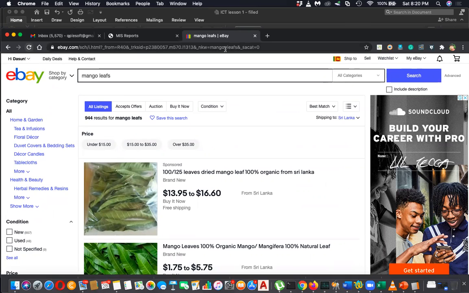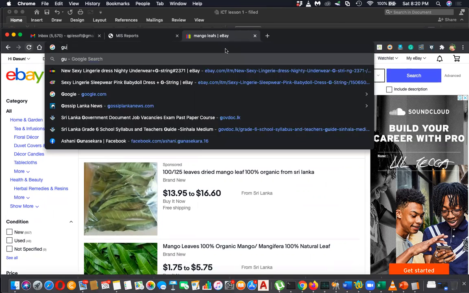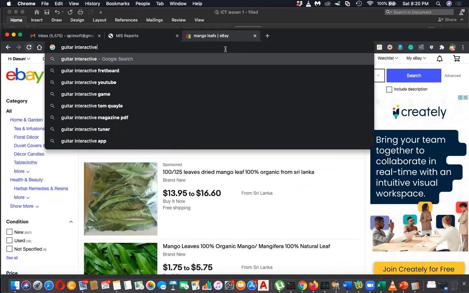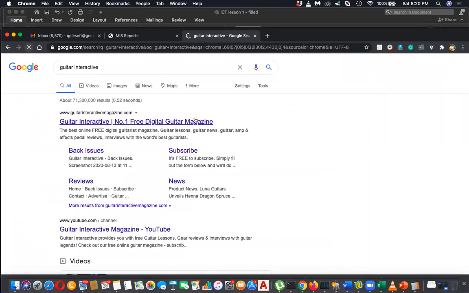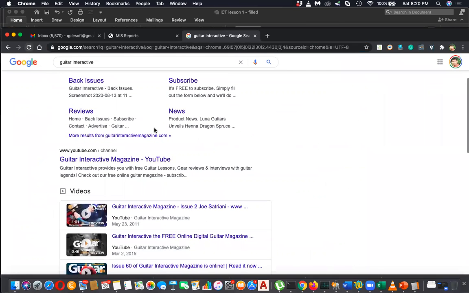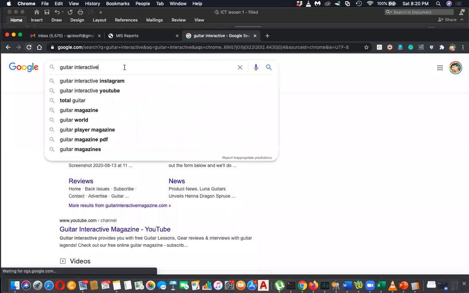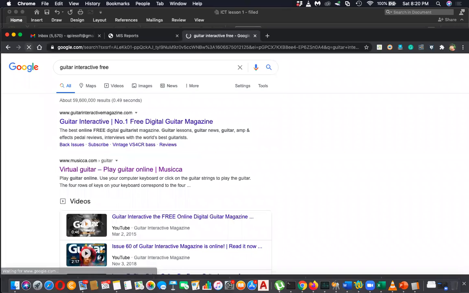Okay, for an example, if you want to learn music online, you can go and learn guitar interactive, and you can learn playing guitar interactive. You can go and learn guitar in online.